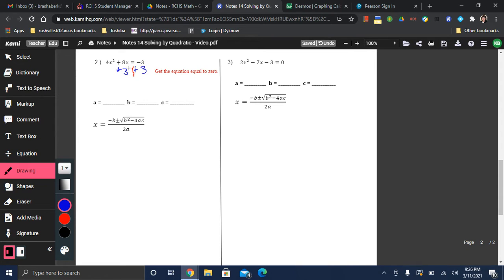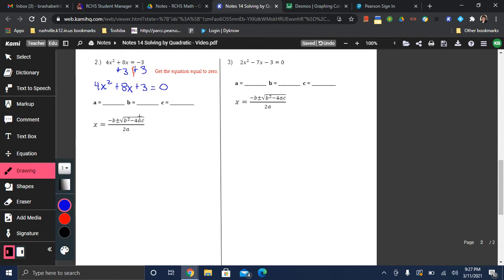But that 3 does not have an x on it. So it's not a like term with any of these. So we want to keep things in order. So first of all, we'll have 4x to the second. Then we'll keep the plus 8x in the middle. Then we'll have the plus 3, and then equals, and then negative 3 plus 3 after the equal sign there is 0.